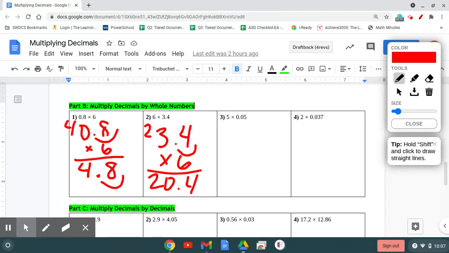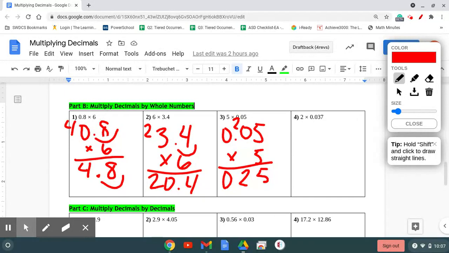All right, number 3, go ahead and do this one on your own. So when you did it, you should have put 0.05 on top because that has the most digits, and then 5 on bottom, times. 5 times 5 is 25. 5 times 0 is 0, plus 2 is 2, and then 5 times this last 0 is 0.